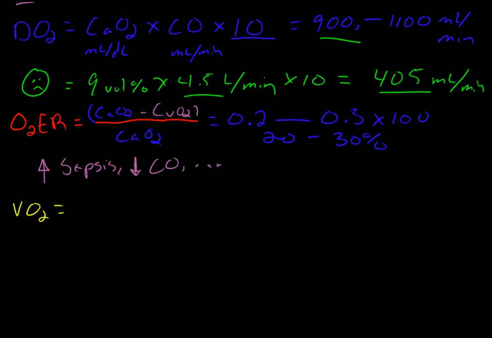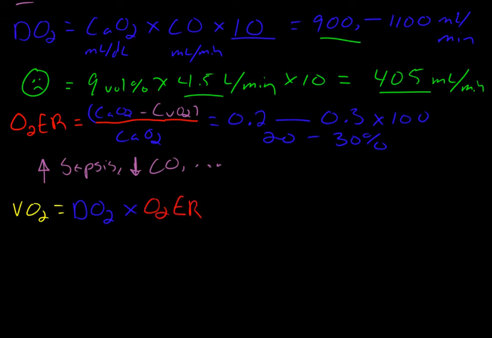So the VO2 can be calculated a few different ways. I think the easiest way, and with respect to this lecture as well, to calculate it is just to take the DO2, the delivery of oxygen to the tissues, and multiply that by our oxygen extraction ratio.